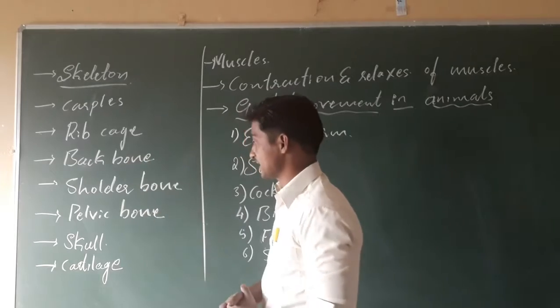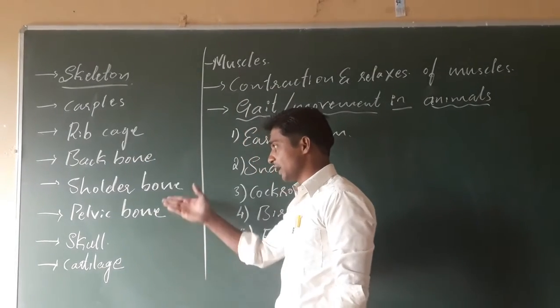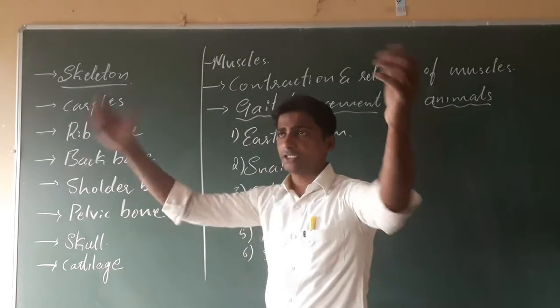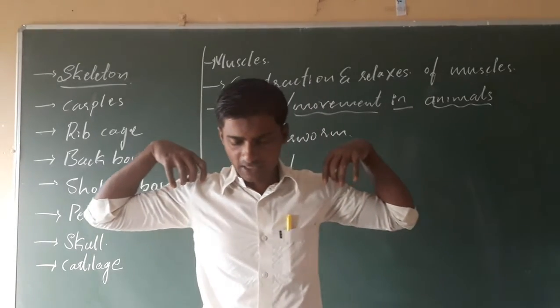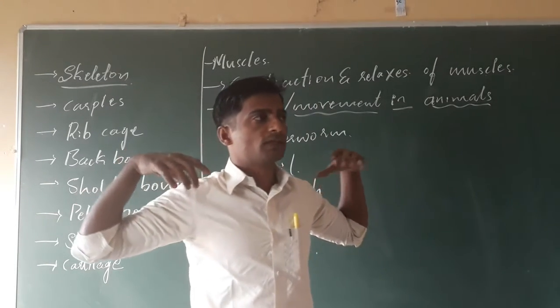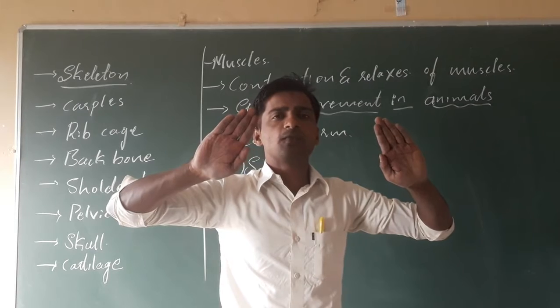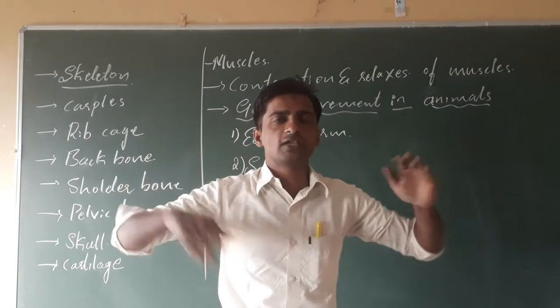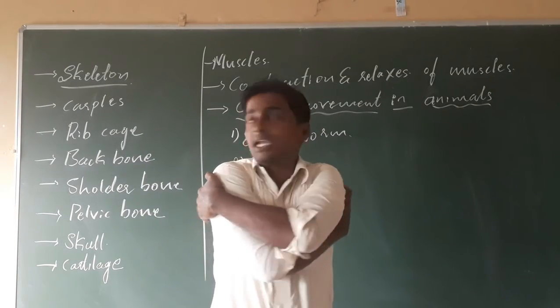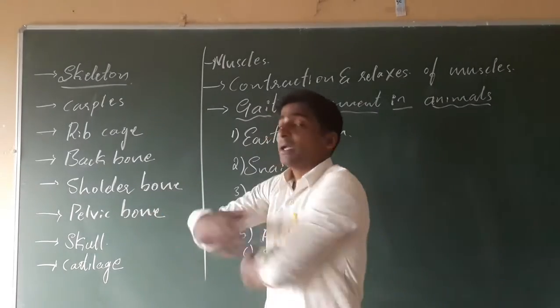Later we study the higher classes. Next comes the shoulder bone. When we see the X-ray of the shoulder bone, we will see two flat plate-like structures, that is the pectoral girdle.